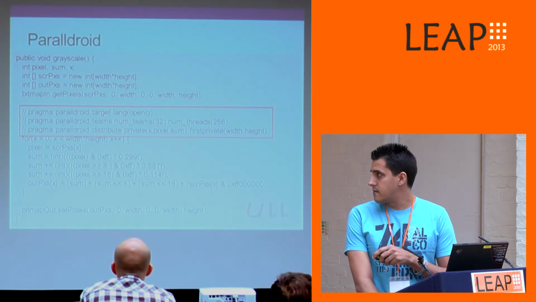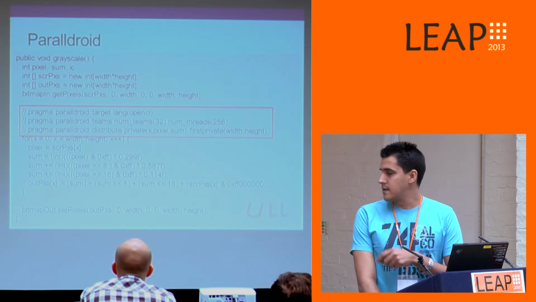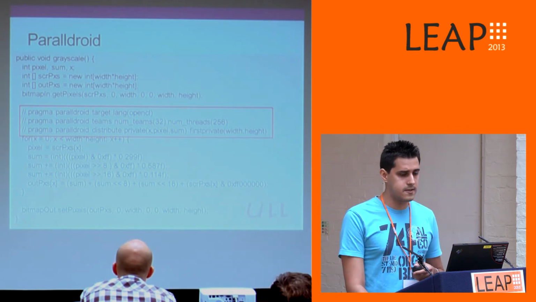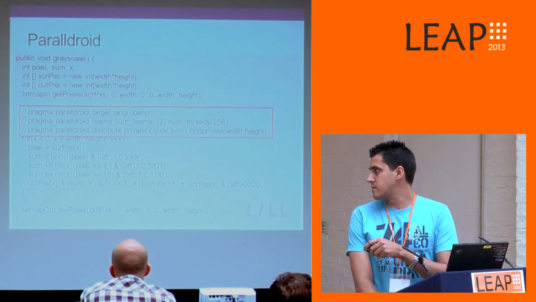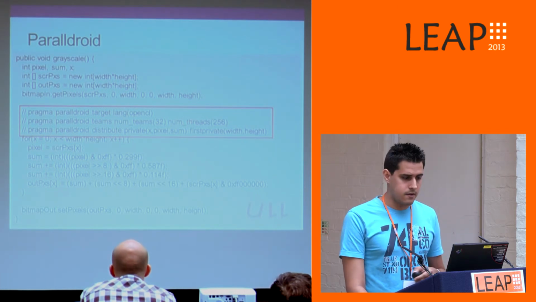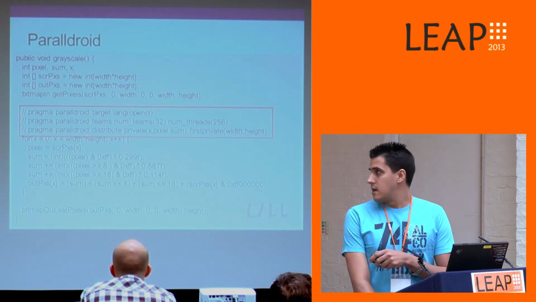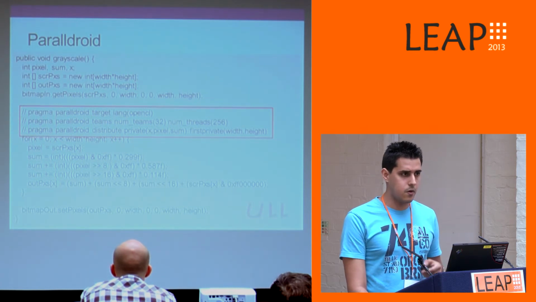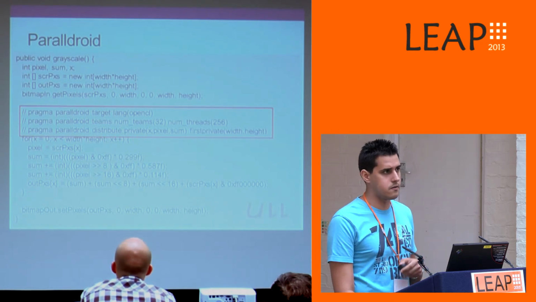We define the teams. Num teams is work groups in OpenCL, and num threads is work items in OpenCL. And next, we distribute the load of the for loop between all teams.